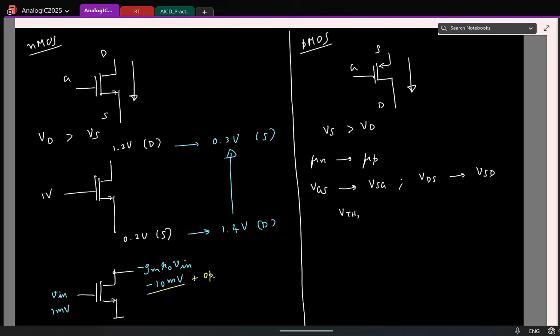And the threshold voltage for NMOS, you replace it with the mod of the threshold voltage for PMOS, because the threshold voltage for PMOS is negative. So this is one way to quickly shift from NMOS to PMOS: change VGS to VSG, VDS to VSD, and threshold is basically the mod of threshold. If you remember it in some other way, it's completely fine, as long as you don't get confused.